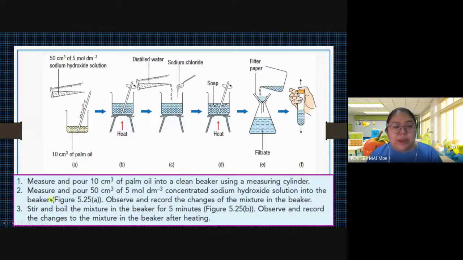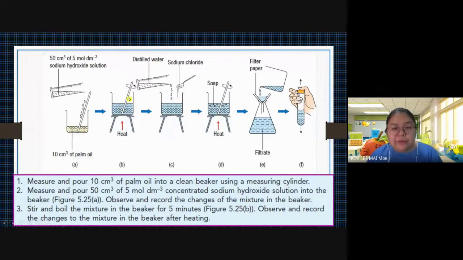Number 2, measure 50 cm³ of concentrated sodium hydroxide solution into the beaker. Now observe and record the changes of the mixture in the beaker. After that, stir and boil the mixture in the beaker for 5 minutes.